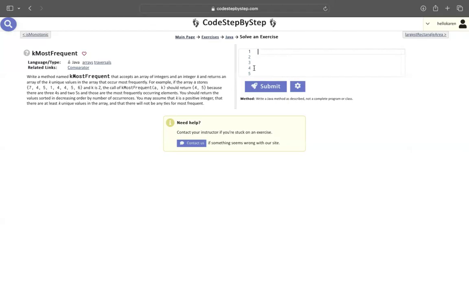Okay, so what we would first need to do is count how many times each number shows up, then find the numbers that show up the most, and then return those numbers at the end.